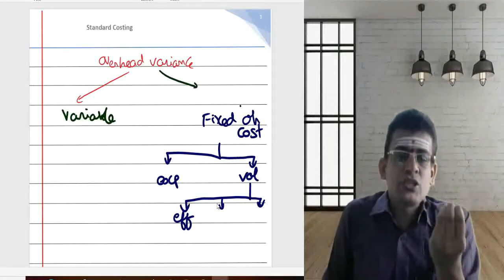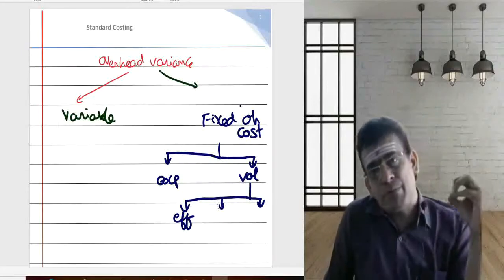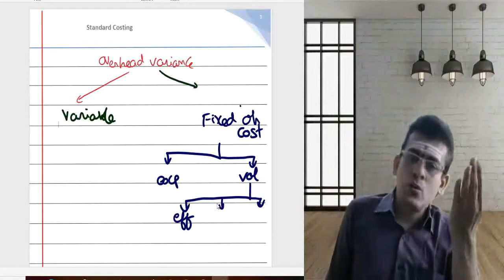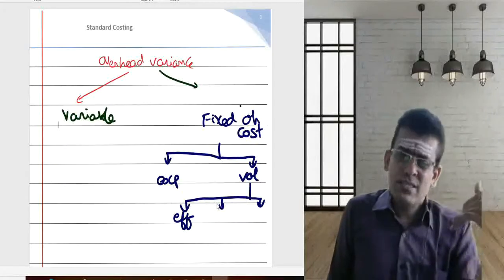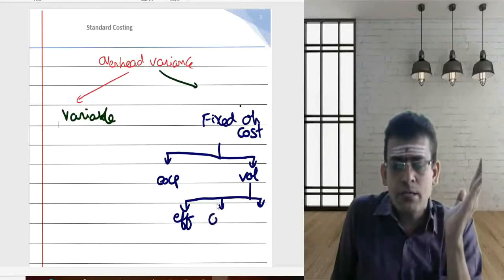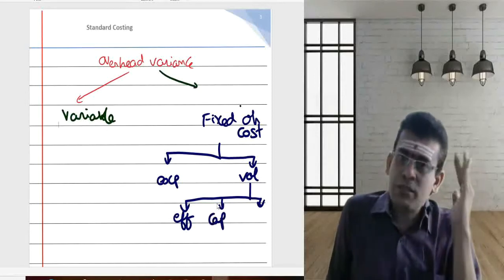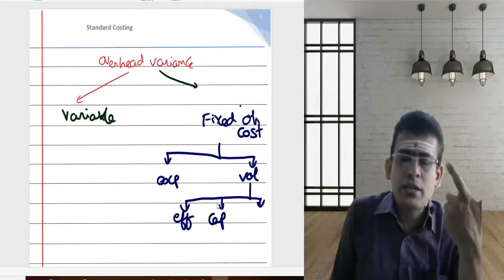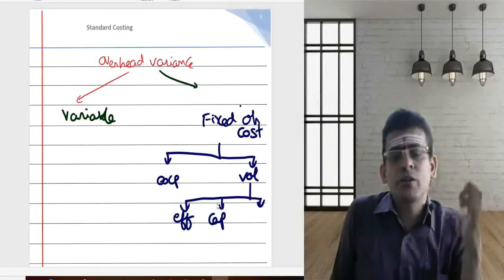You are budgeting to use 80% of the capacity, but in reality you are using only 60%. Then there is a difference in capacity, because the budgeted capacity is different from the actual utilization of the capacity. That difference is going to give you capacity.